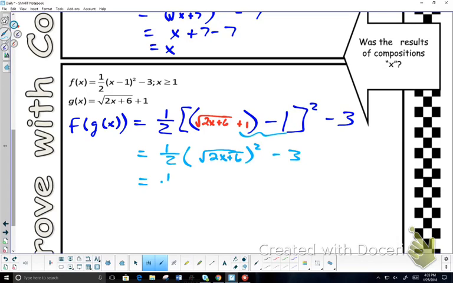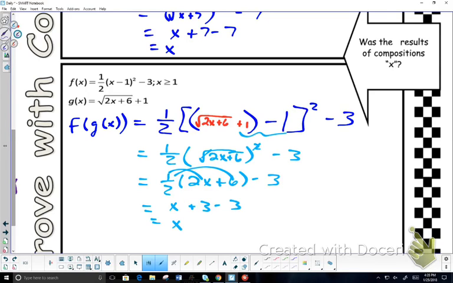The next thing that'll go away will be my radical and my squared, leaving me with 2x plus 6 minus 3. The next thing would be 1/2 times 2 is x, 1/2 times 6 is 3 minus 3, and then I'm left with x. Once again, that is the expectation that is supposed to happen.